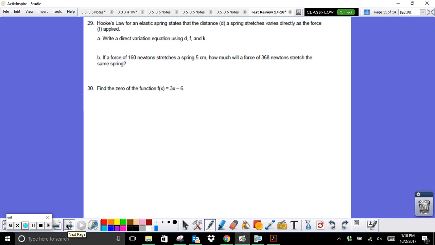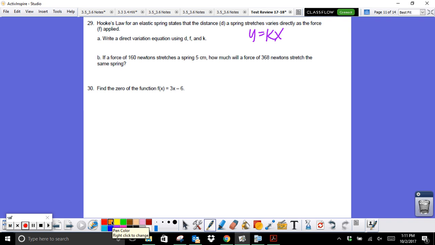29. Hooke's law for an elastic spring states that the distance d a spring stretches varies directly as the force F applied. Write a direct variation equation using d, F, and k. So normally our direct variation equation is y equals kx. But here they want us to use d, F, and k.